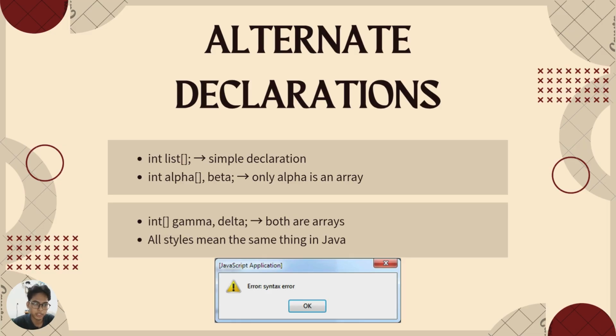The beta will not be an array. So if you want both to be arrays, you can put the square brackets before the variable names, such as int[] gamma, delta; So this way, both are going to be arrays. All styles mean the same thing in Java.